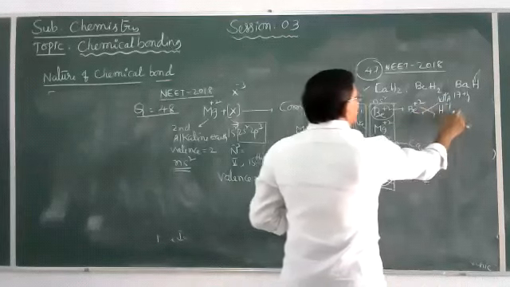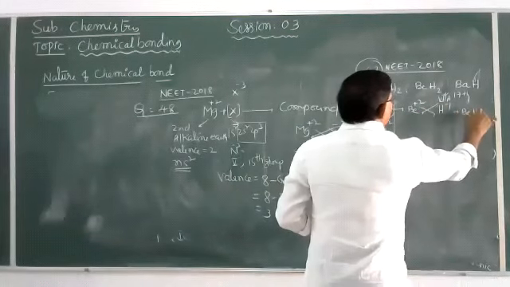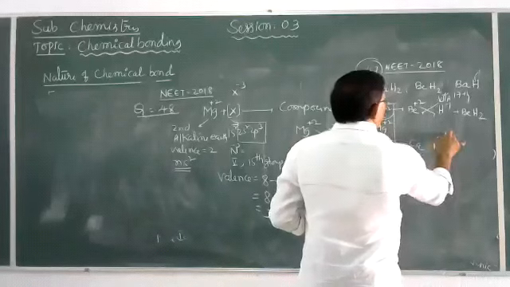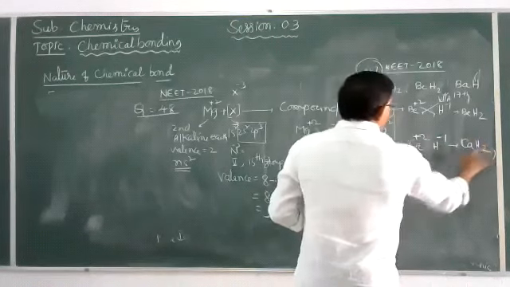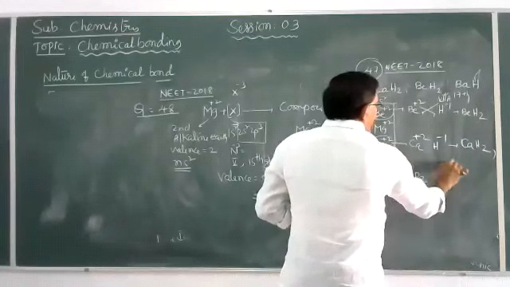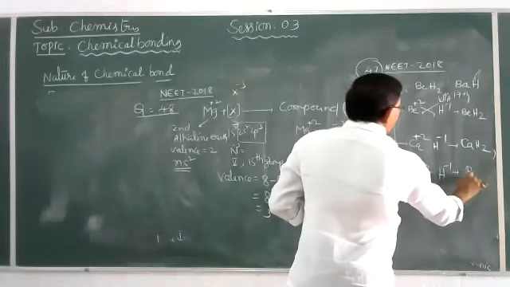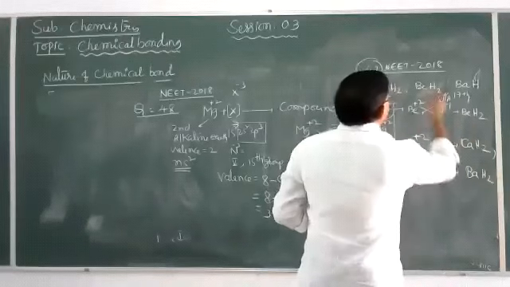By the crisscross method we get BeH2, now here -1 and +2 by crisscross CaH2, and here BaH2. These three compounds are given.